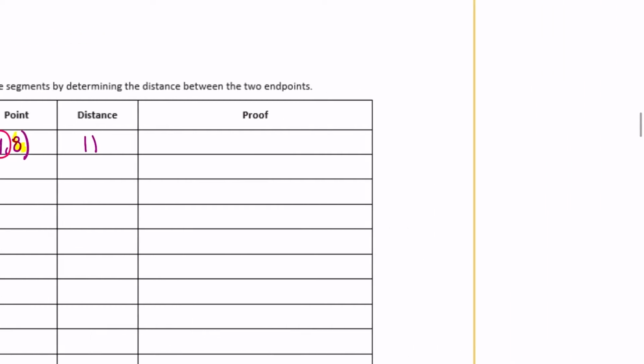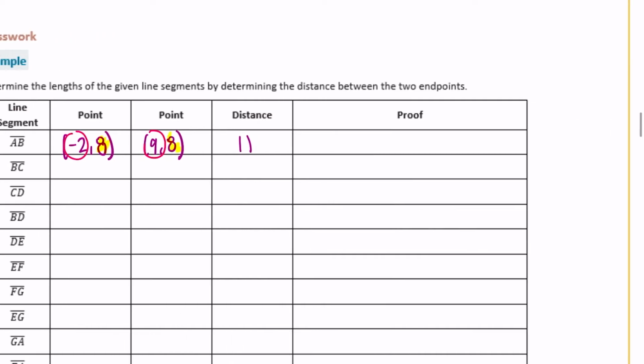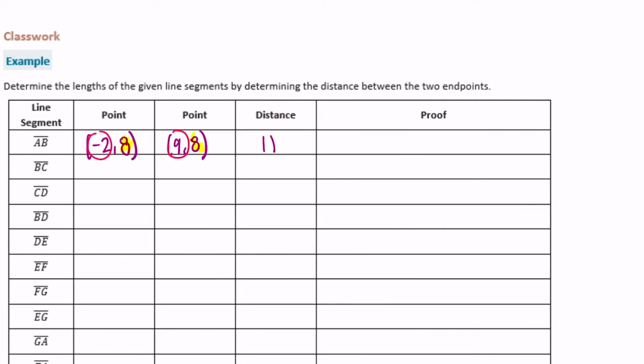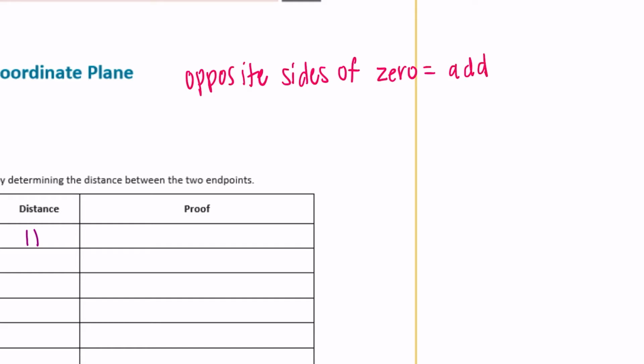So something to note is that if the coordinates are on opposite sides of 0, we're going to add. So I'm just going to write a little note up here. So if it's on the opposite side of 0, we add. If they are on the same side of 0, then we're going to subtract.